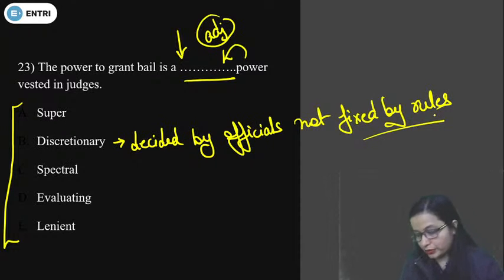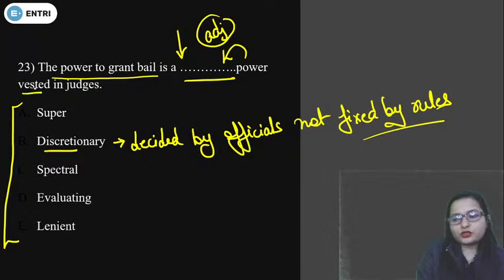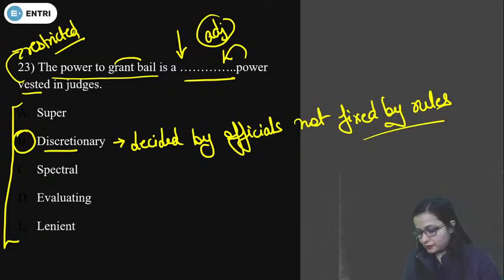There are no rules for it. So this is the meaning of discretionary, and the sentence is saying the power to grant bail is a dash power vested in judges. So vested means restricted, kind of restricted. Obviously, they have this power to grant bail. So we call it discretionary power, decided by the officials. Discretionary power vested or restricted in judges.